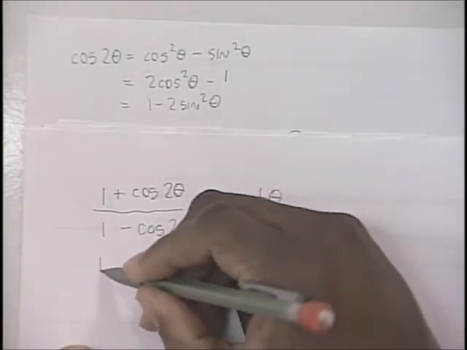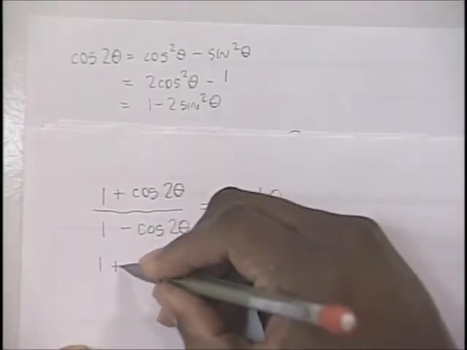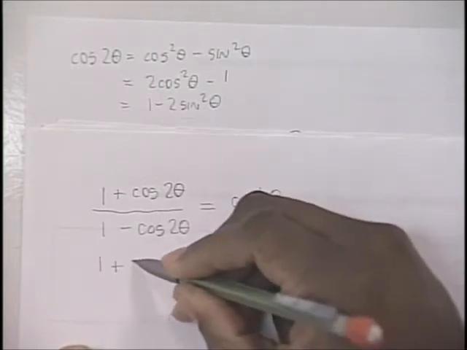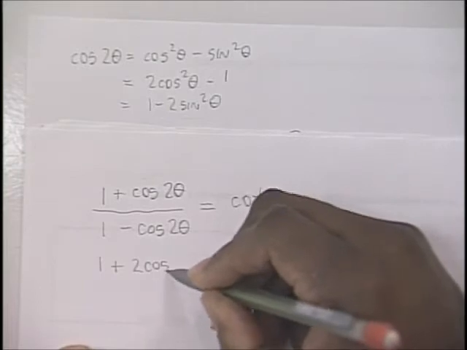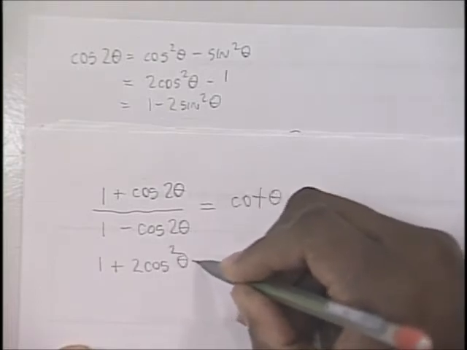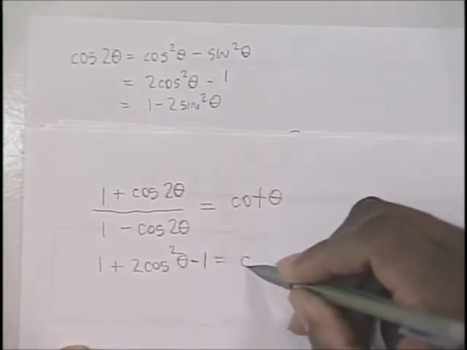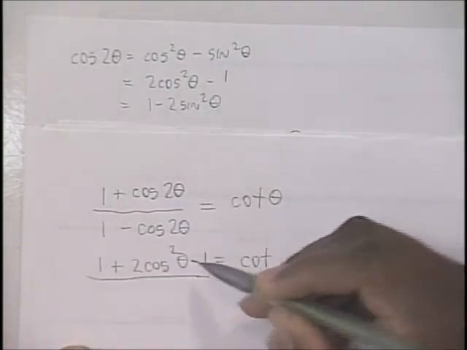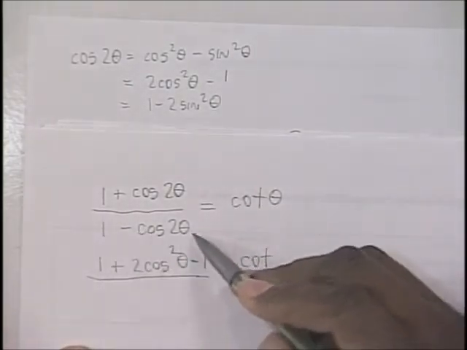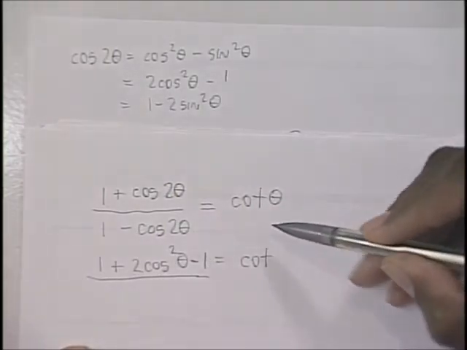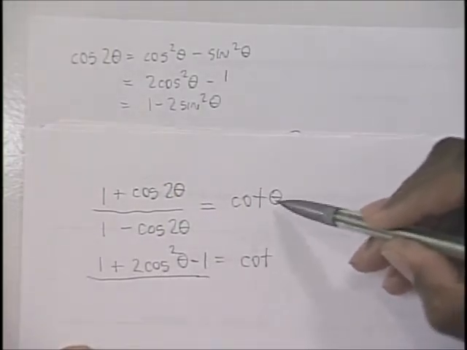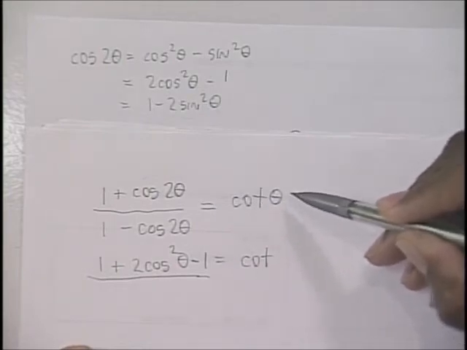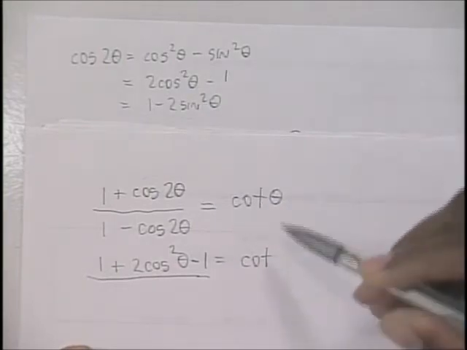So what we have is 1 plus cosine 2 theta, which is 2 cosine squared theta minus 1. And now that's over 1 minus cosine 2 theta. Again, your understanding of cotangent is very important. Cotangent is equal to the cosine of theta over the sine of theta.